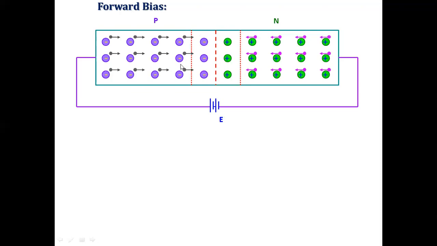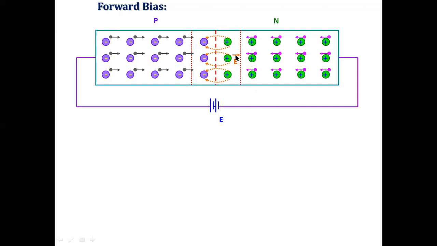In that situation, holes and electrons will join together and create a path from positive to negative, that is, P to N. They start to move, and the holes and electrons pair up there.